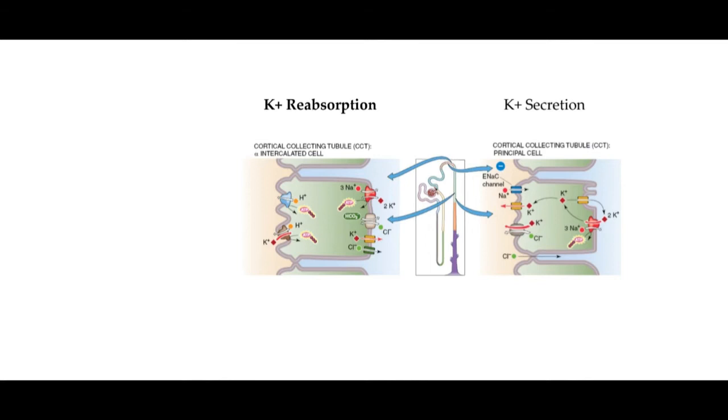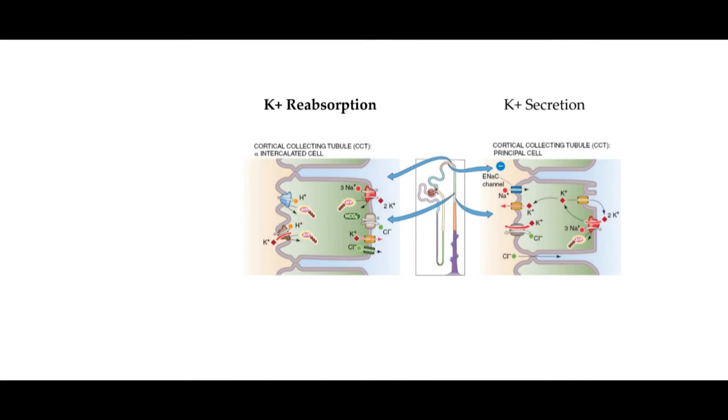All right, last part about summarizing our potassium movement. These figures are from the Bohren book, and it shows the difference between our alpha intercalated cell for our reabsorption in exchange for secretion of protons. So this is our acid secreting cell.